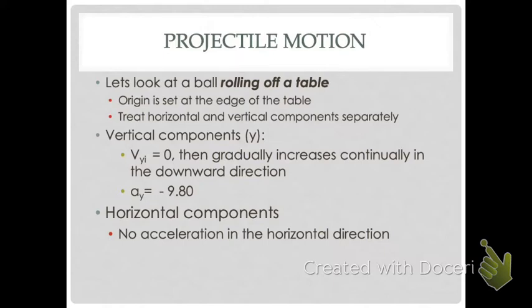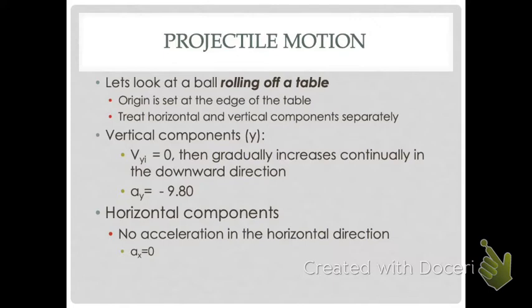So if we're ignoring friction, living in our perfect physics world, an object moving in the horizontal direction will not randomly speed up or slow down, right? It will just keep rolling. And so that means the acceleration in the x direction is always going to be 0. Acceleration in the x direction is always equal to 0.